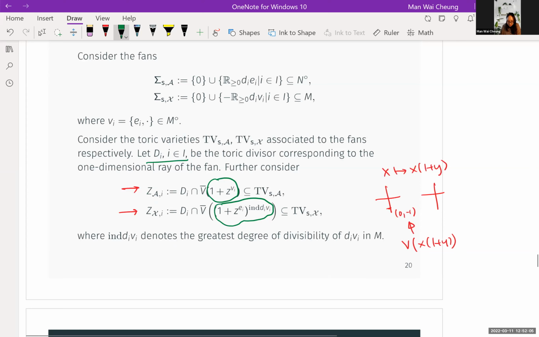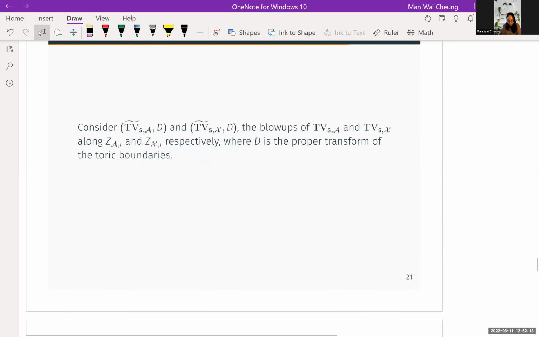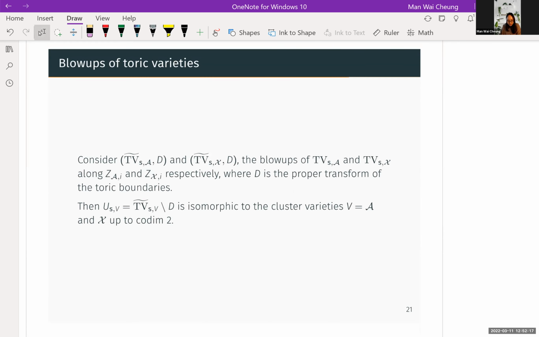And then this one, I'm just typing it up, and then we have this toric variety, and we blow it up along with this ZA or ZX. And in cluster theory, we only care about the open piece, so we look at the open piece of this blow up.